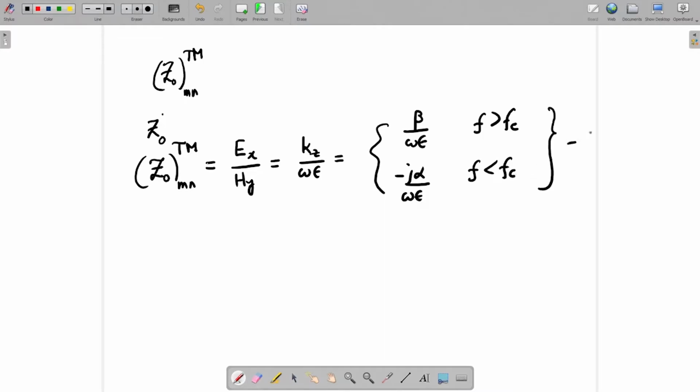So, let us call this set equation 50, in continuation with our previous set of equations.